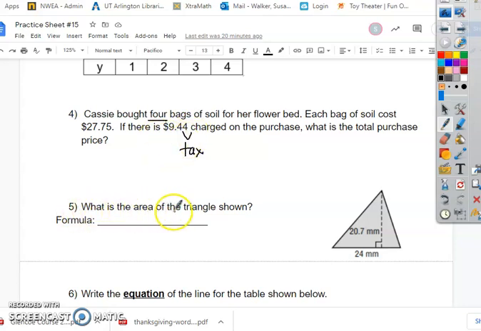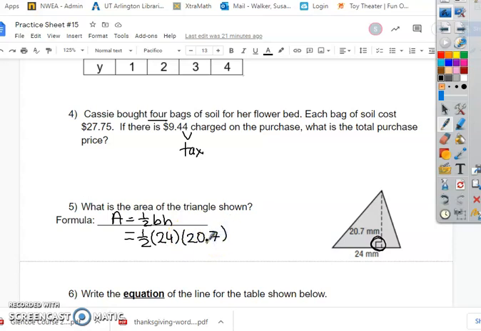Number 5, what is the area of the triangle shown? So guys, remember area is A equals half BH. Area, whenever we're looking at sides. I know our base and height because there's my right angle. So half, the base is 24. The height is 20.7.